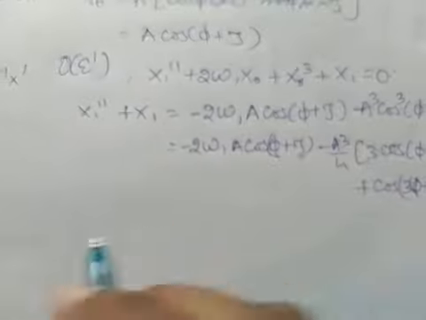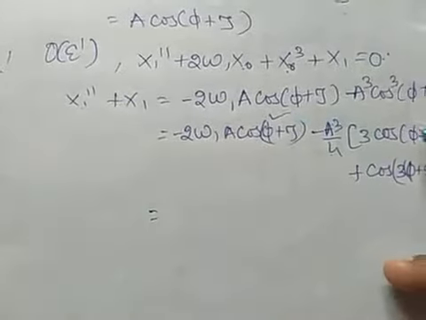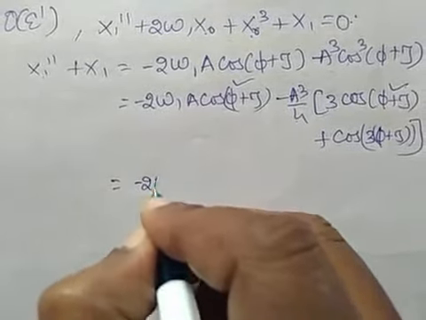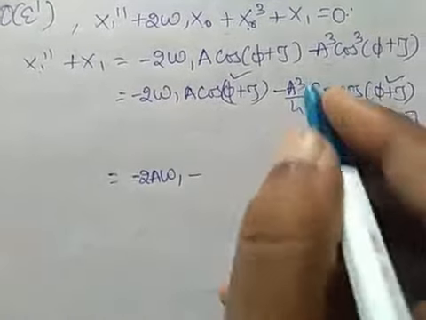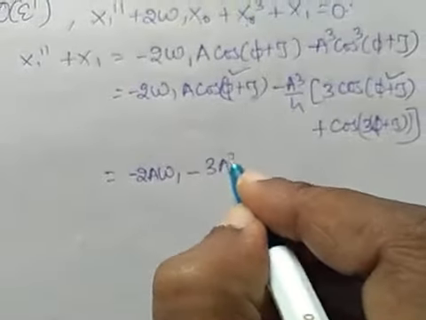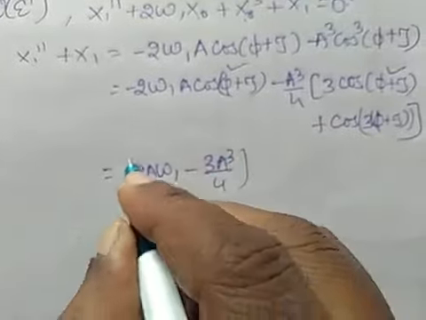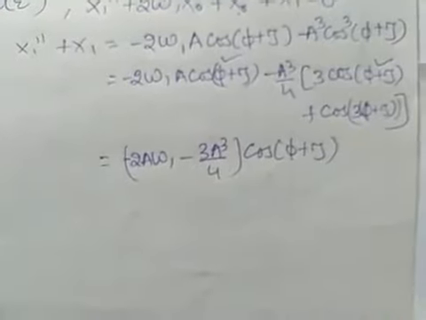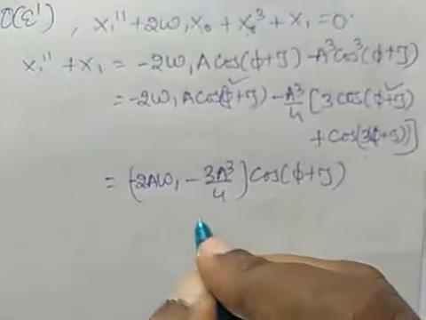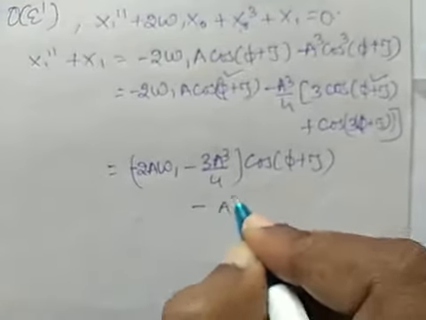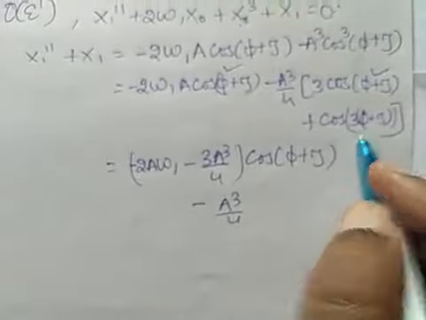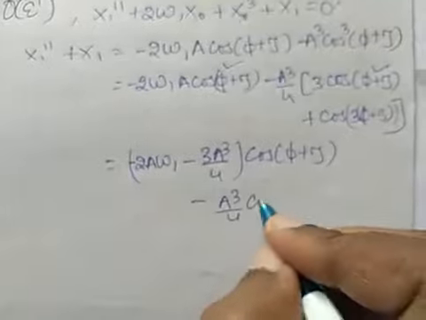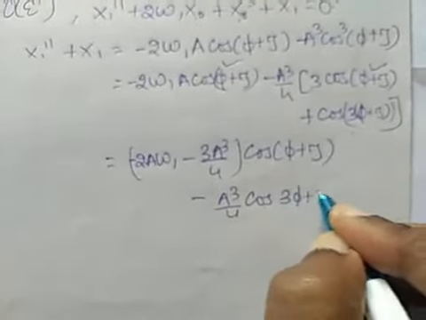So grouping these terms, I am going to group these 2 terms. We are having minus 2 a omega 1 minus 3 a cube by 4, into cos(phi plus tau), which is the first term, and the next term is minus a cube by 4 cos(3 phi plus 3 tau).